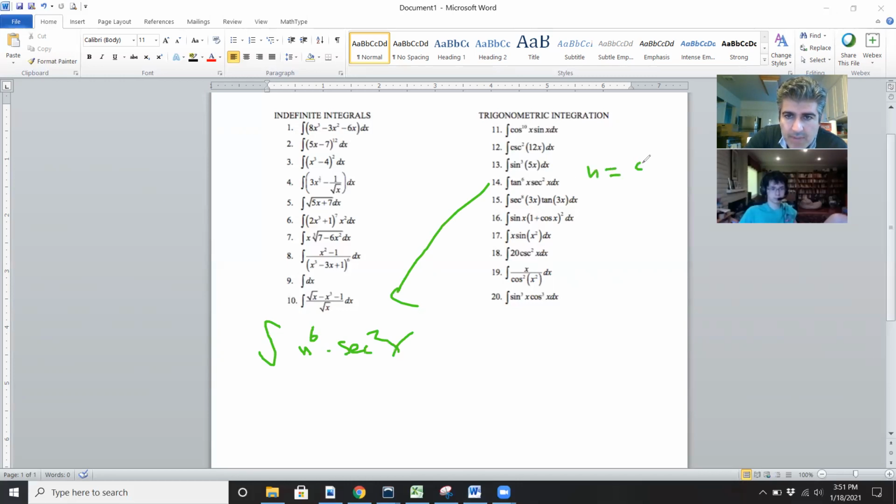U equals tan x, right? So du over dx is secant squared x. And then it's du over secant squared x.